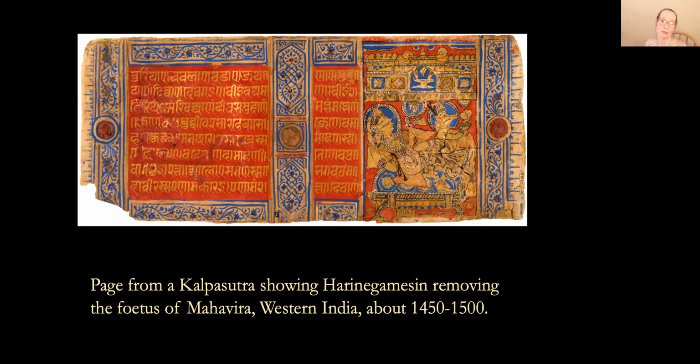Similarly, Mahavira had many lives to work through his karma until he finally reached a life where he was destined to achieve moksha or nirvana. And knowing this, he is first conceived in the womb of a Brahmin woman.